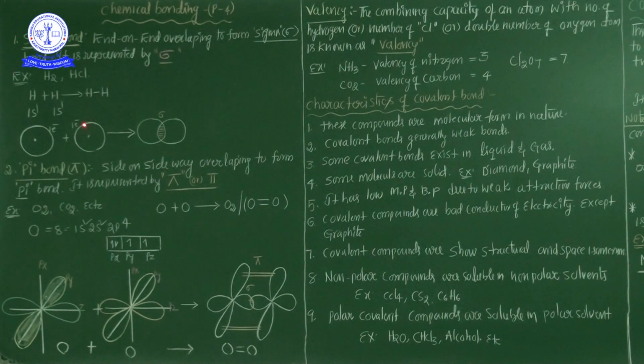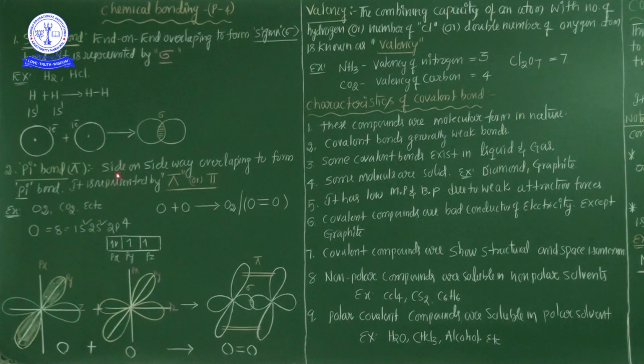So you know very well how many types of overlappings are there: s-s overlap, s-p overlap and p-p overlap. So now the important point is, in between any two atoms, if only one bond is there, that is a single covalent bond. That single covalent bond is nothing but a sigma bond.